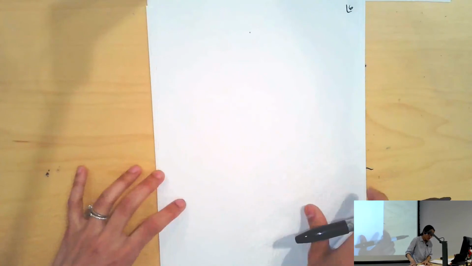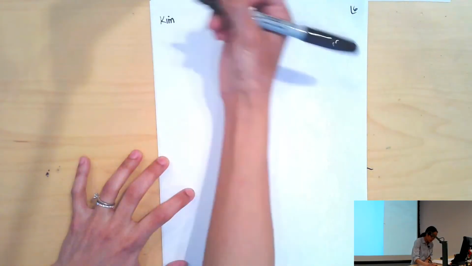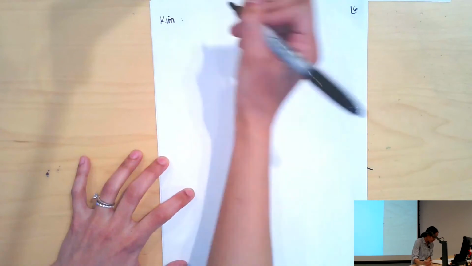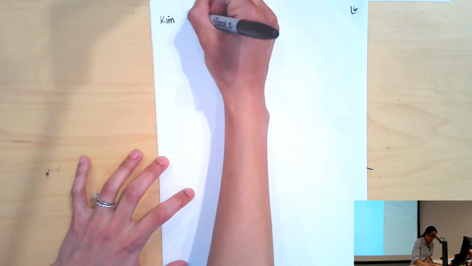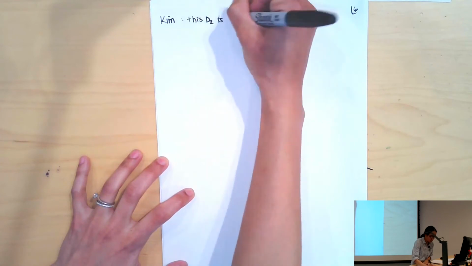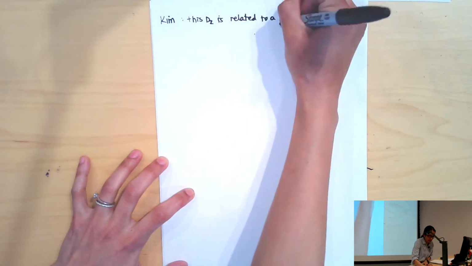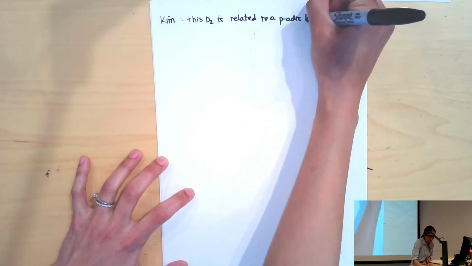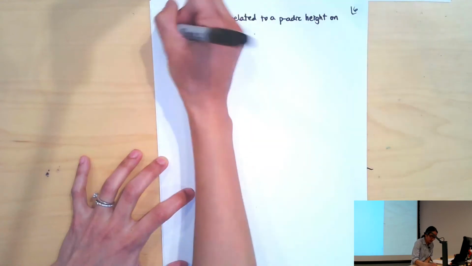All right. So while this was an exciting project to be involved with, Kim observed that this D2 is related very closely to a p-adic height on the elliptic curve.